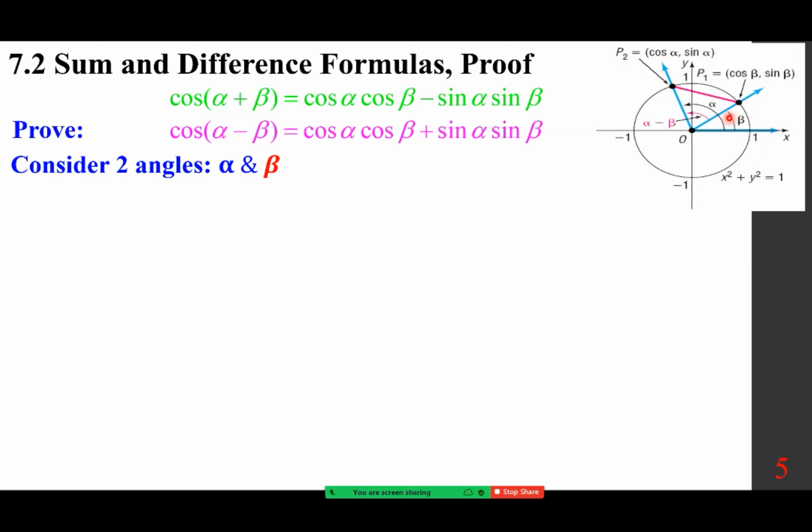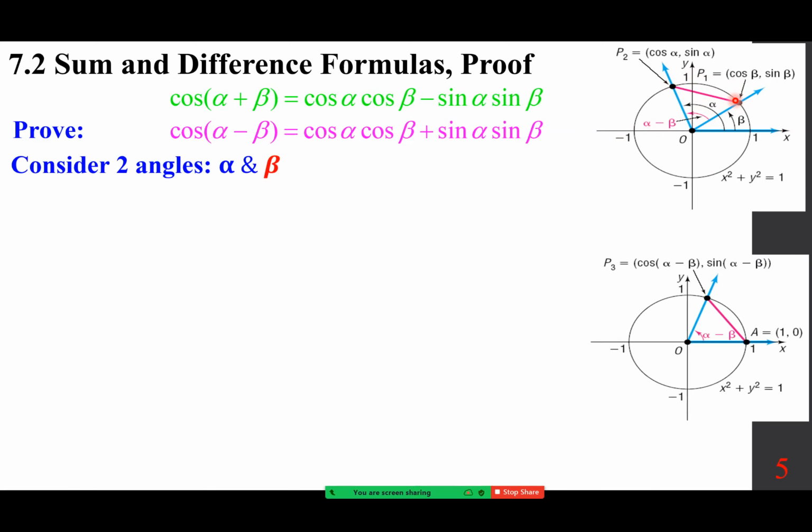This is beta. And the difference between the large alpha and the small beta is alpha minus beta. This is the central arc. The central angle, alpha minus beta, subtends this arc.